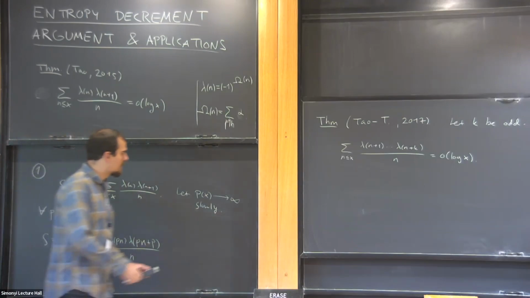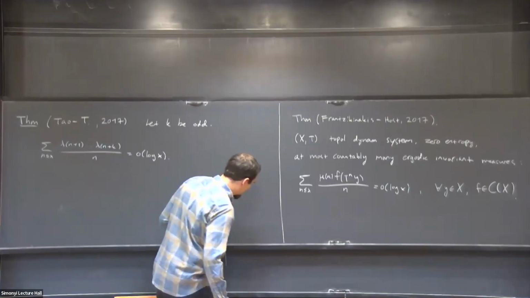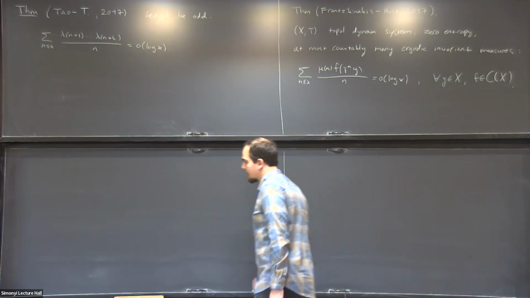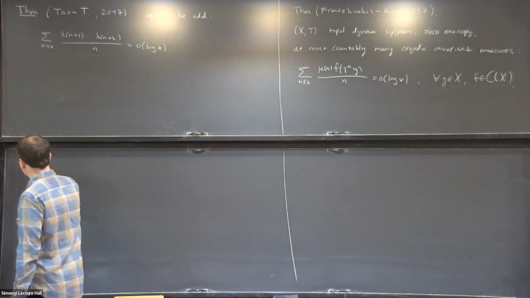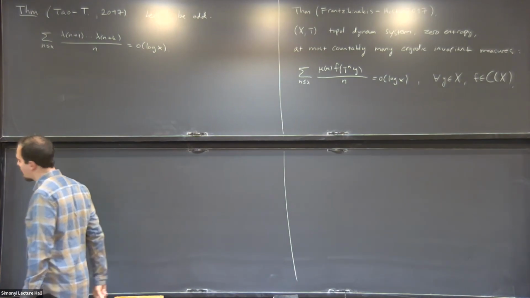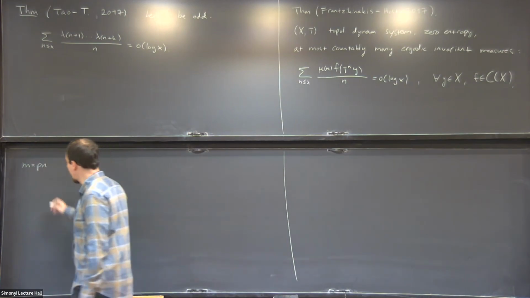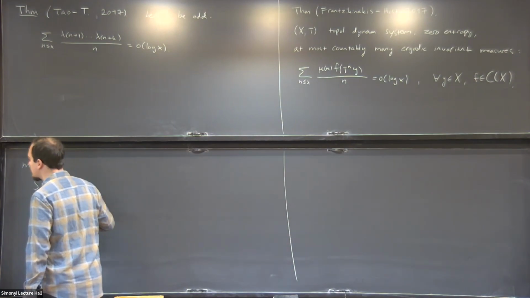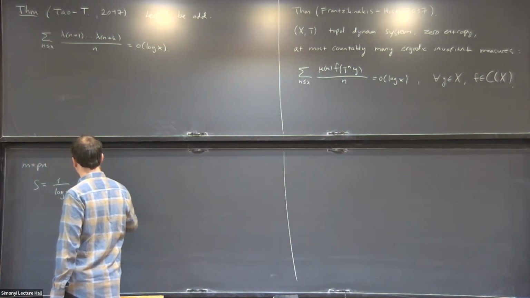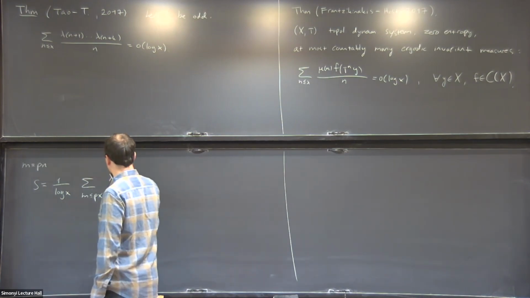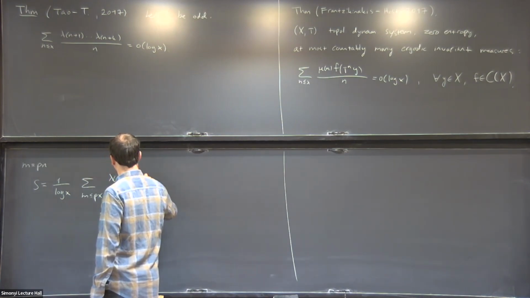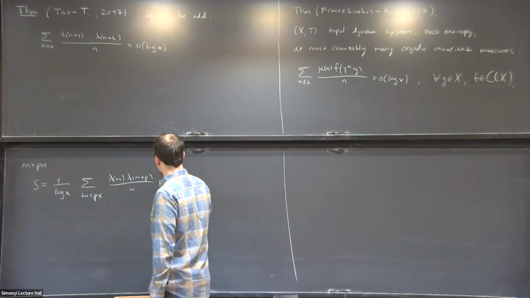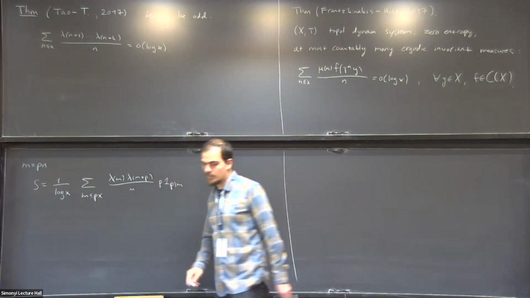And so then, some change of variables. If I write m equals p times n, the sum becomes 1 over log x, sum of m up to Px, lambda of m, lambda of m plus p, over m, and then we have the condition that n must be a multiple of p.